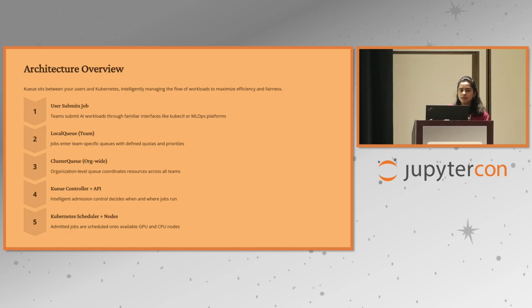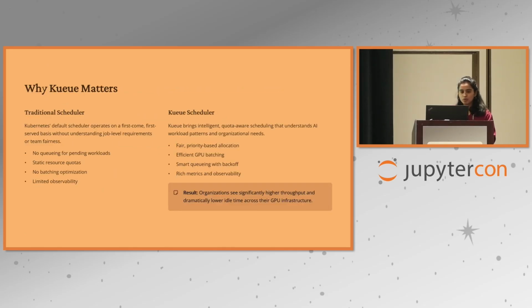For example, a team submits AI workloads through familiar interfaces, like kubectl or any other MLOps platform. It goes directly to the local queue, and then instead of going directly to the Kubernetes scheduler, we have this queue controller in between, which is an intelligent admission control that decides how to schedule each job in order to optimize our GPU utilization. This is an overview of that.